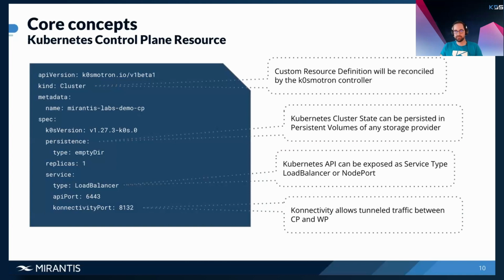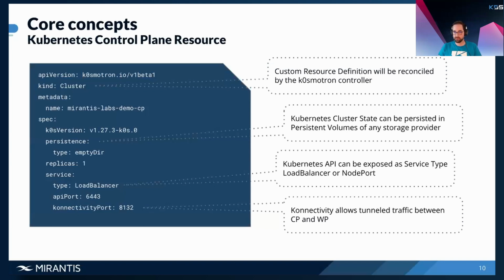This custom resource definition is helping us to create clusters, and the k0smotron controller will reconcile those and have a look for all the different resources that need to be created for this cluster, for this control plane. So in this example, we have a CRD with the name Mirantis Labs Demo CP. So this one is our control plane.